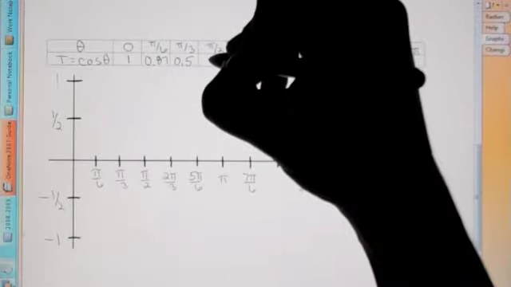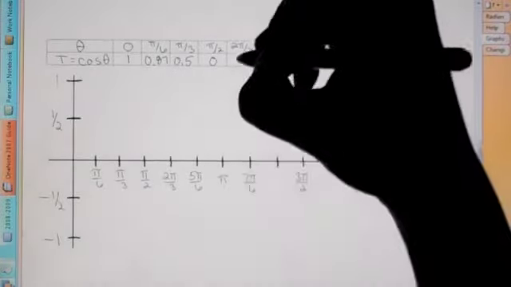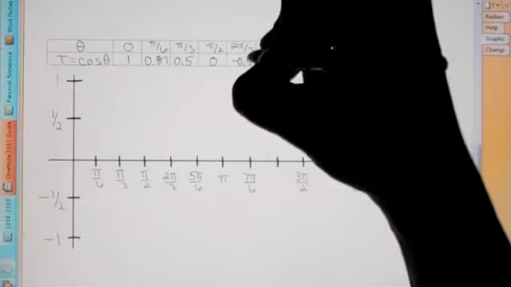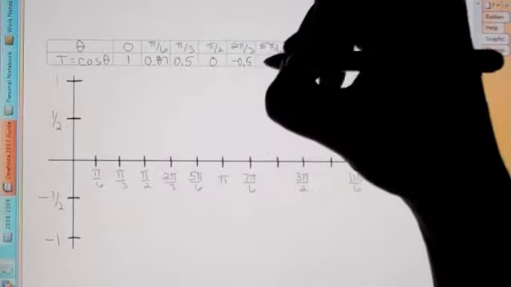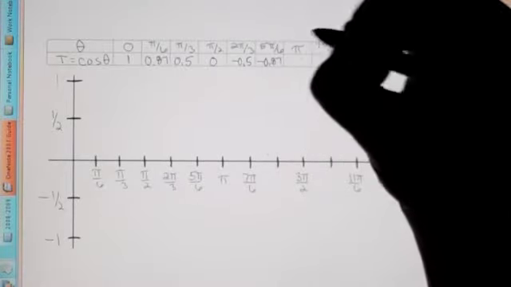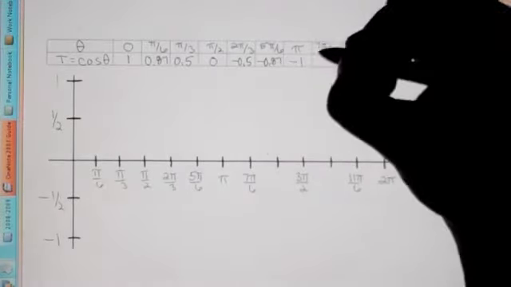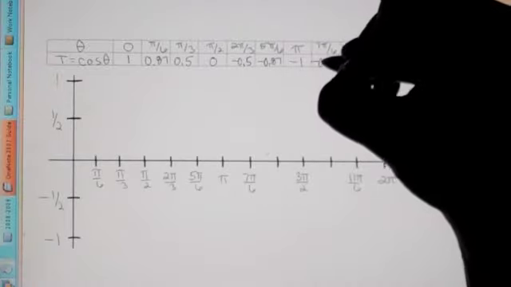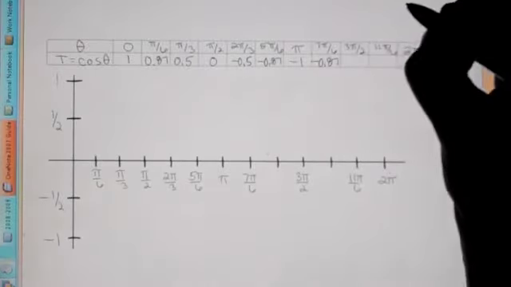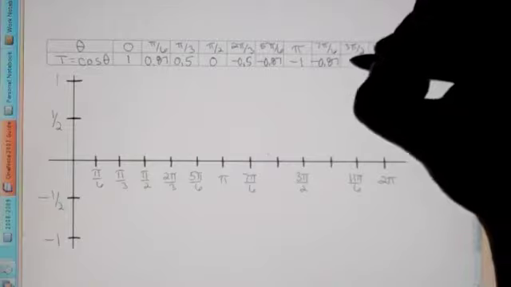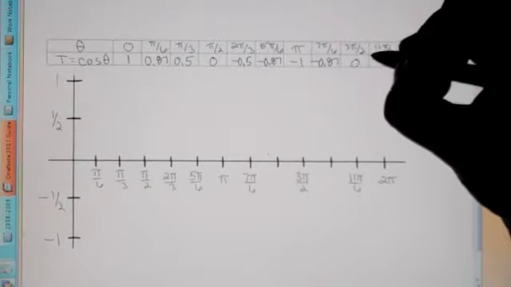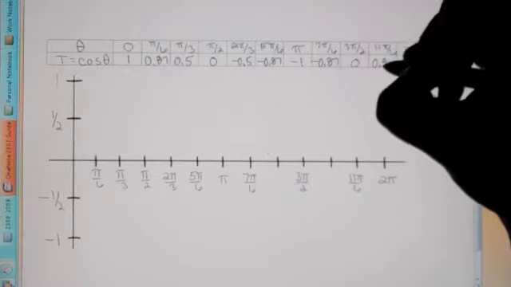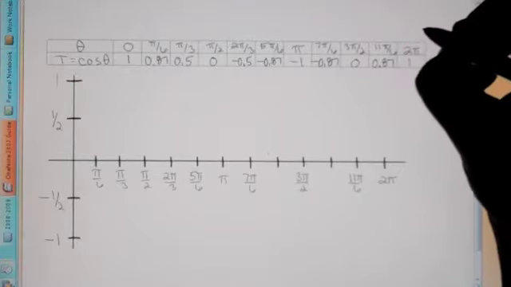This is down at 0. 2 pi over 3 is going to be at negative 0.5. 5 pi over 6 is at negative 0.87. Pi is going to be at negative 1. 7 pi over 6 is at negative 0.87. 3 pi over 2 is actually going to be at 0. 11 pi over 6 is going to be at 0.87, and 2 pi is going to be at 1.